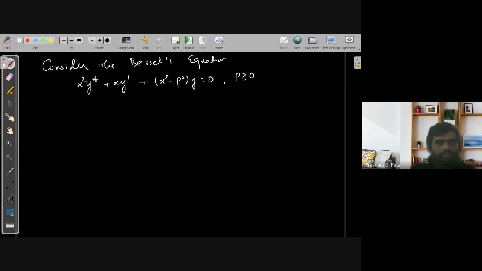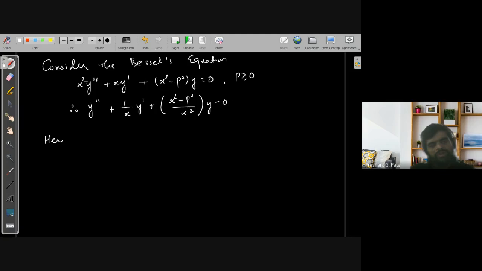To write this into the standard form, we divide by x square on both sides. We'll have y double dash plus 1 upon x y dash plus x square minus p square upon x square y equal to 0.